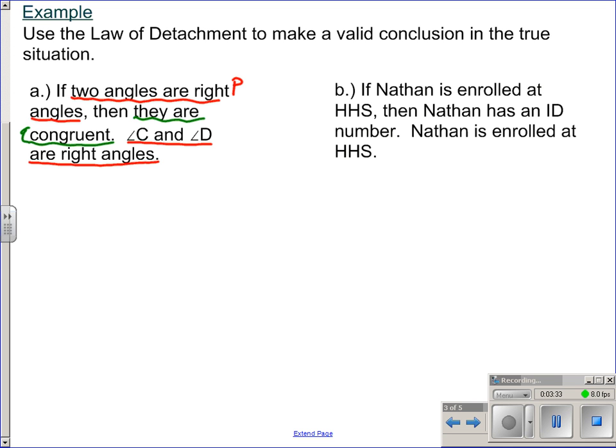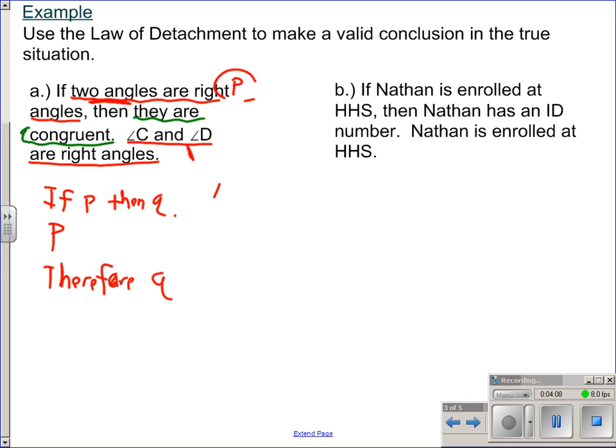So what we're looking at is this format. Our argument is, if P, then Q. If two angles are right angles, then they are congruent. Now we're saying that these two angles, angle C and D, are right angles. It's our specific statement about our hypothesis. So a valid conclusion using the law of detachment, just following the form, is statement Q. Q was, they are congruent.